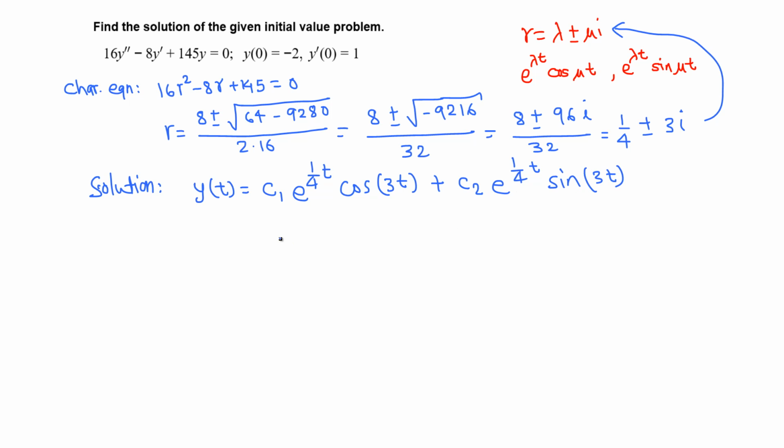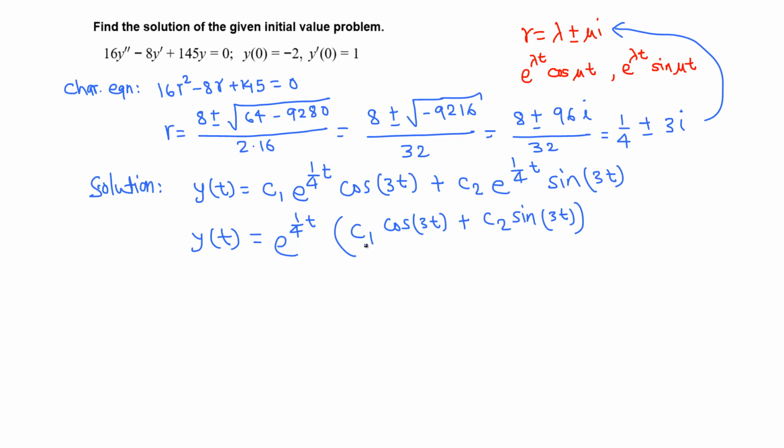Let's write this solution in compact form. I want to factor e raised to 1/4 t out, C1 cosine 3t plus C2 sine 3t. Okay, this is the solution provided we know C1 and C2.